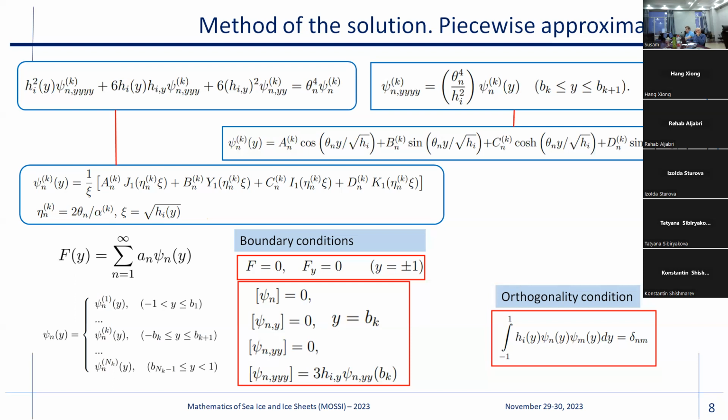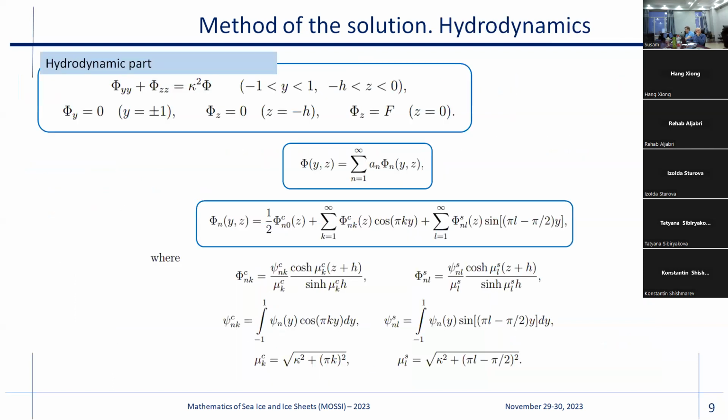Now let's see how we solve the problem of the hydrodynamic part. The potential profile in the channel section is also solved in the form of an infinite series of functions Pn multiplied by the same principal coordinates an.